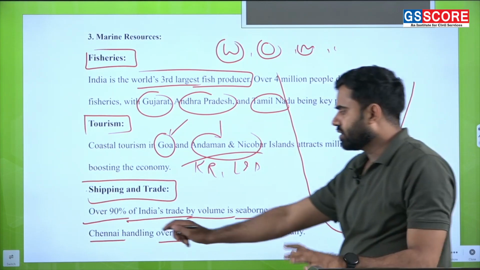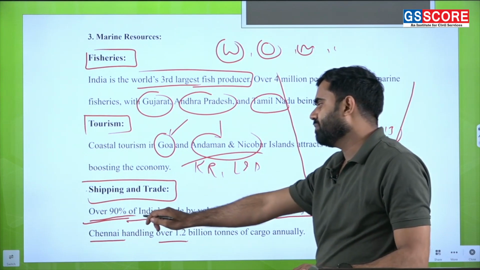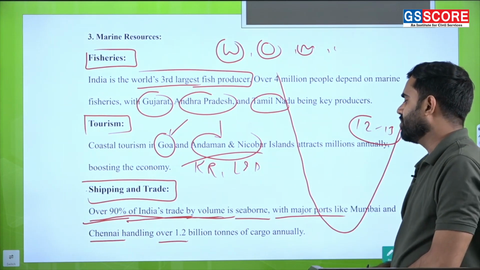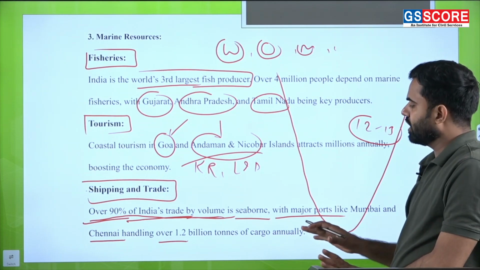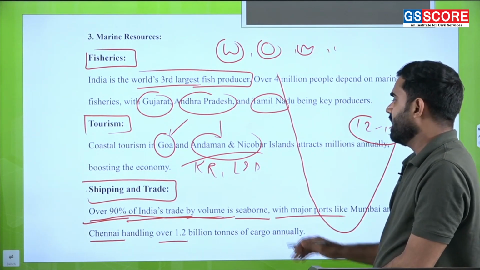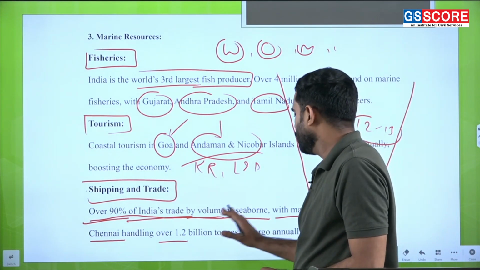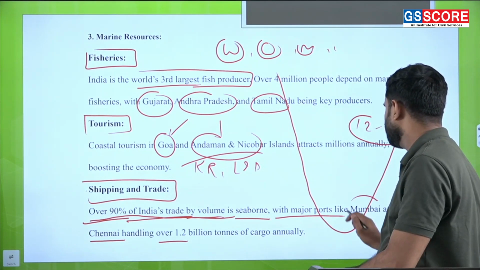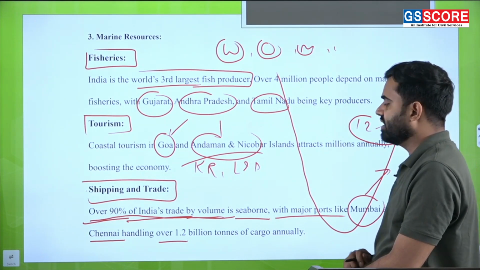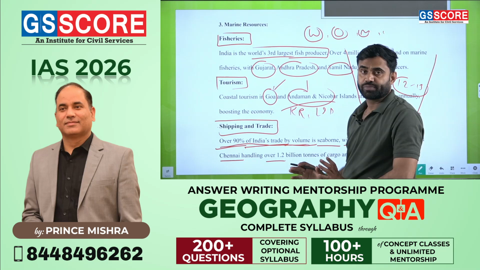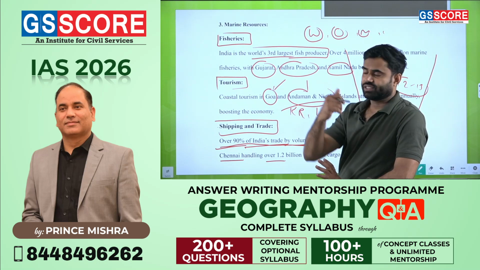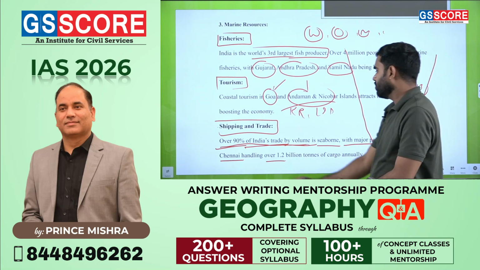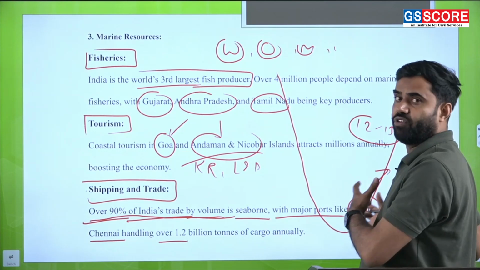So I wrote that over 90% of India's trade by volume is seaborne. There is no doubt, yes, it is happening. And I mentioned the role of shipping and trade. I discussed Mumbai, which is a natural port on the western side and the largest port of India on the western coast, generally known as the gateway of India.